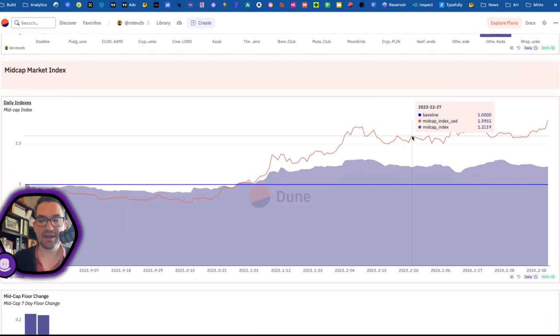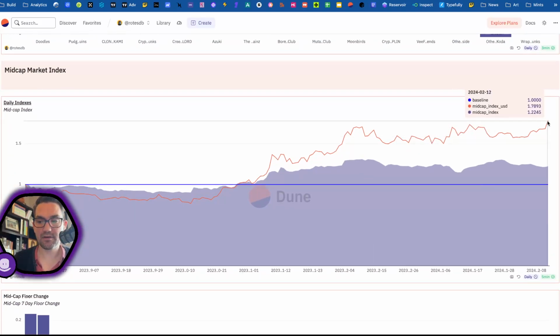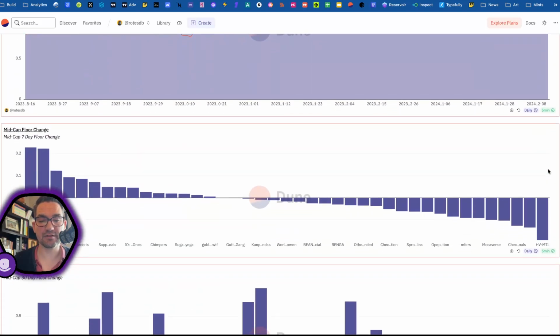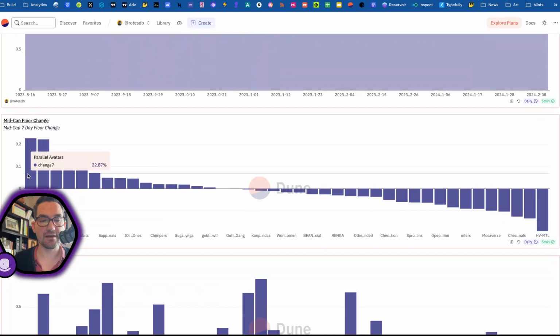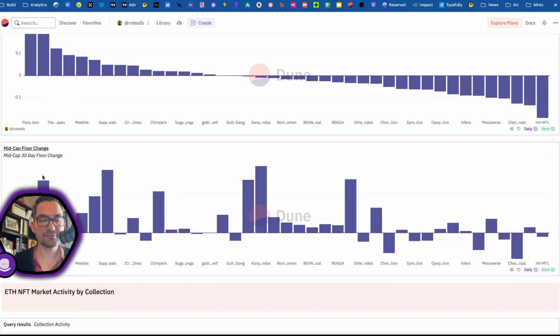And then the mid cap is up 78% over the last 6 months and 22%. So very similar to the blue chip index. And then collections leading the way over last week: Parallel Avatars, Killer Bears. Killer Bears were one of the losers, I think, last week. So a bit of an up and down cycle there.